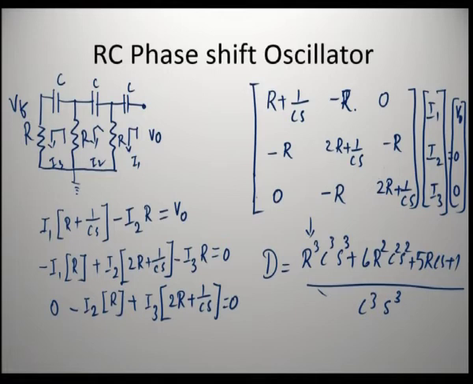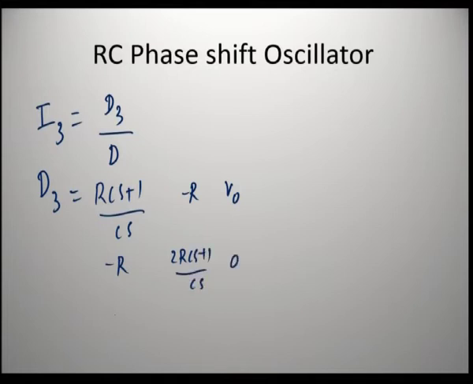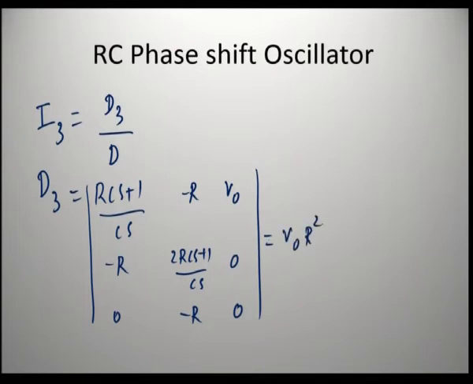In the basic matrix, if you substitute the third column by the voltage, you will get determinant D3. So, it is R plus 1 by Cs, minus R, V naught; minus R, 2R plus 1 by Cs, 0; 0, minus R, 0. If you calculate the determinant value, you will get V naught R square.